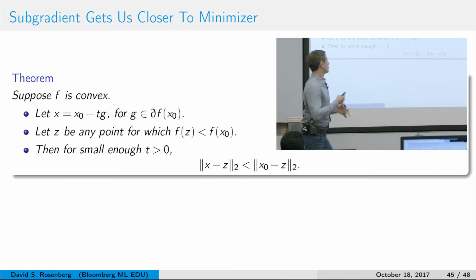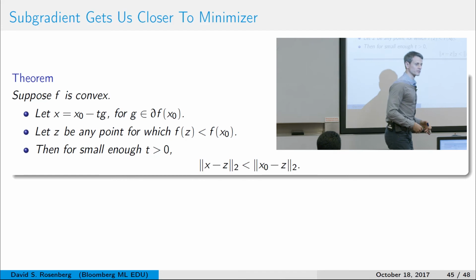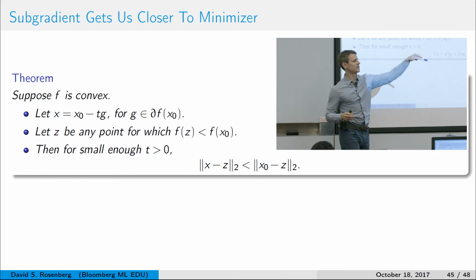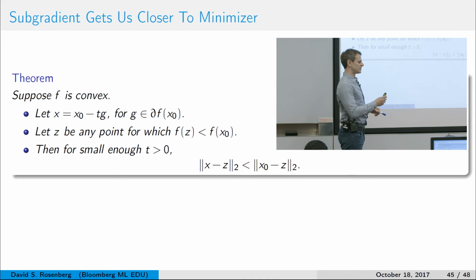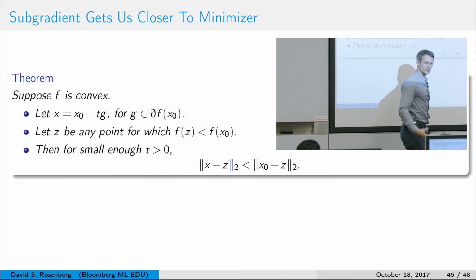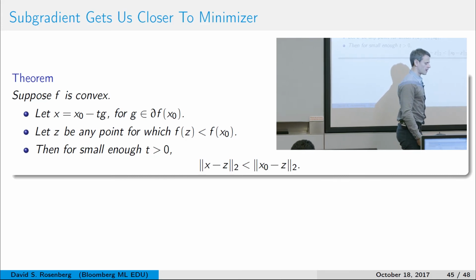That's called the original point x0 and the new point x. And what I want to show is that if there's some minimizer over there, wherever it could be, I'm writing it as z here. If z is some minimizer, some third point, when I move from x0 to x by stepping with a multiple of the negative subgradient, I'm getting closer to the minimizer z.